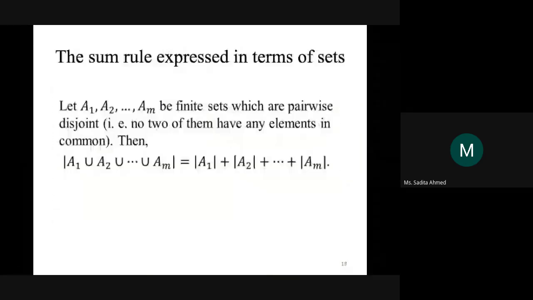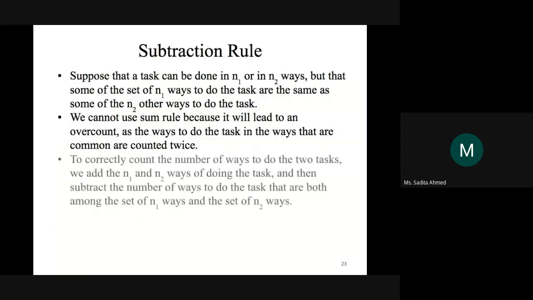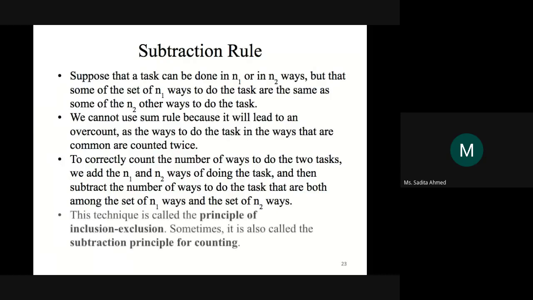So because of this, for a task that can be done either in any one of n1 ways or in any one of n2 ways, and there are some of the ways in common among these two, what we do is we sum up the number of ways in n1 and the number of ways in n2, and subtract the number of ways which are common among the two.